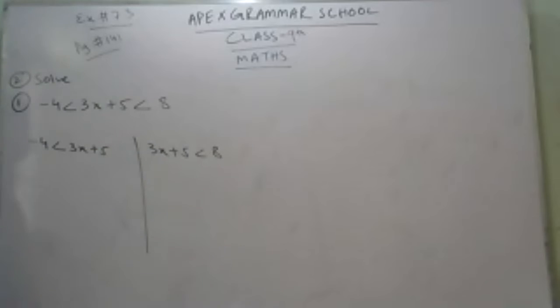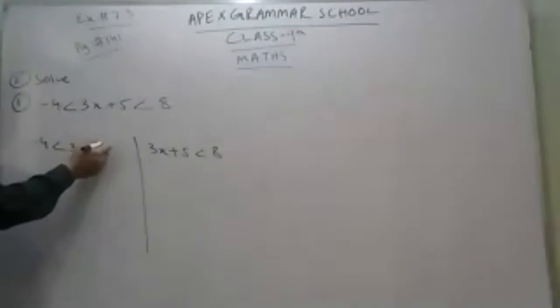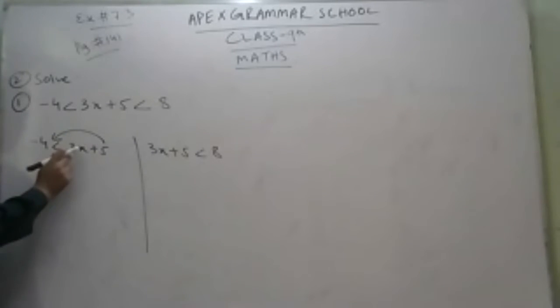Now you need to solve it. Watch this carefully, how to make a proper solution of it. We need to do all the things that we have already done in question number 1, and all the rules. Plus 5 will be here, minus 4. This 3x will be positive.